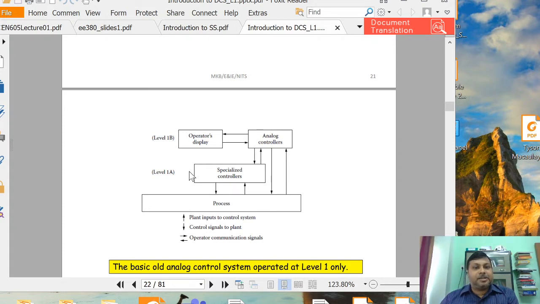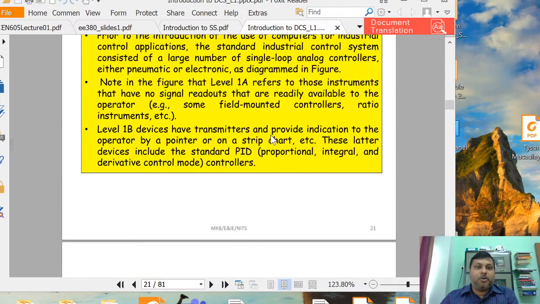The signal, whatever the measured value of the process, is transmitted to the analog controllers. There should be no readouts. And in level 1B, devices have transmitters and provide indication to the operator by a pointer or a strip chart, etc. These later devices include the standard PID, that is proportional, integral and derivative control mode controllers.